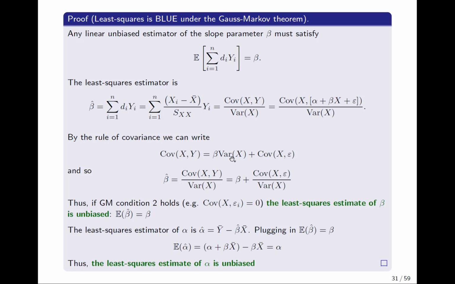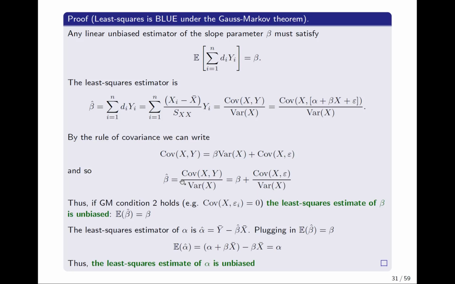It's beta times the variance of x plus the covariance of x and the error term, curly e. We can write this in this form here. And so, substituting this in up here, what we find is that beta hat is equal to the covariance of x and y over the variance of x, which actually can be written as beta plus the covariance of x and e over the variance of x.